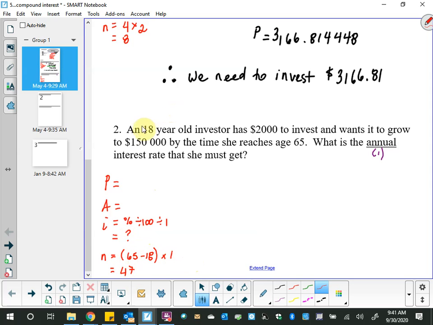And now this stuff. It says an 18-year-old investor has $2,000 to invest, so that's how much she is going to invest at the start, and she's hoping to end up with $150,000 when she hits 65, so over the 47 years. So time to dig out the main formula.